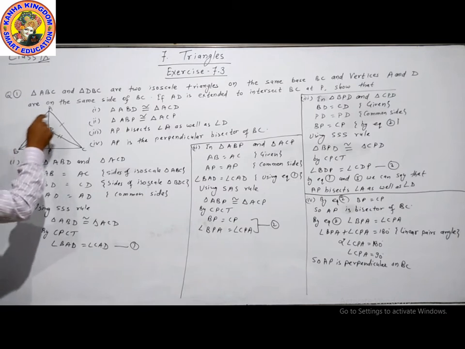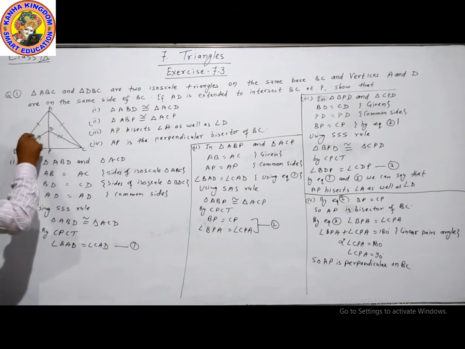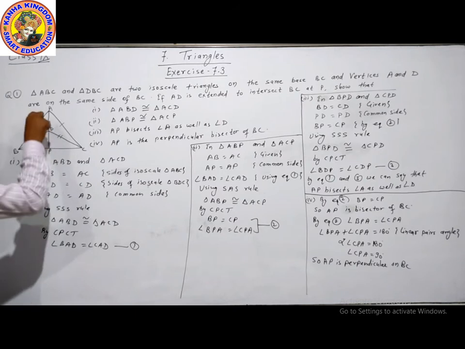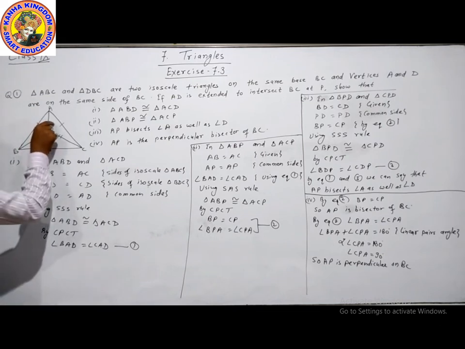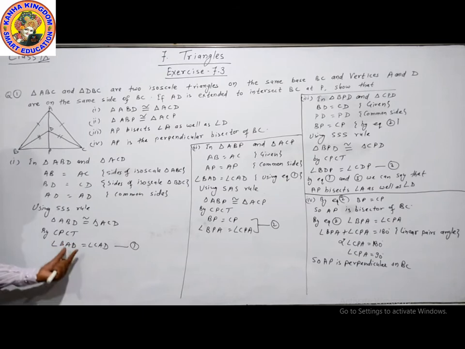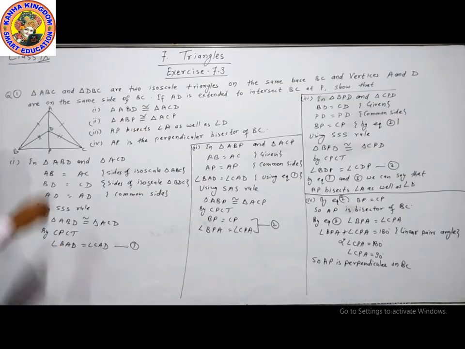Given in the question, AB and AC are equal, BD and CD are equal, AD is our common side. Using the SSS rule, these are congruent. By CPCT, angle BAD is equal to angle CAD. This is our first question.